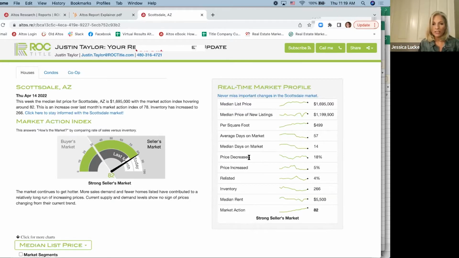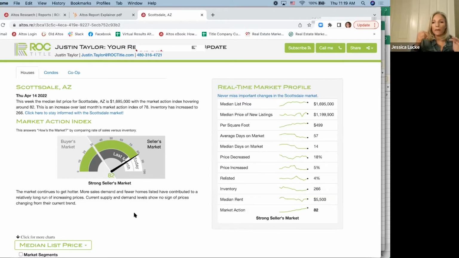It's going to build trust, but also it's going to remove a lot of the finger pointing. So if you didn't have a report and you said, hey, we're going to list your house at X, right? And then one day you go knock on the door and you say, oh, the market's indicating that we need to take a price reduction. Well, that statement alone, there's going to be a lot of finger pointing, a lot of emotion associated to that.